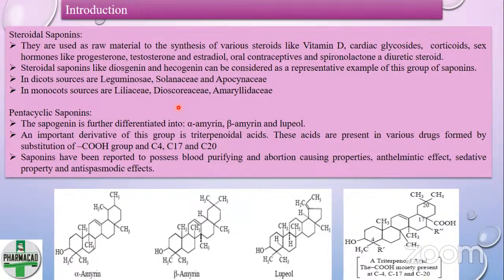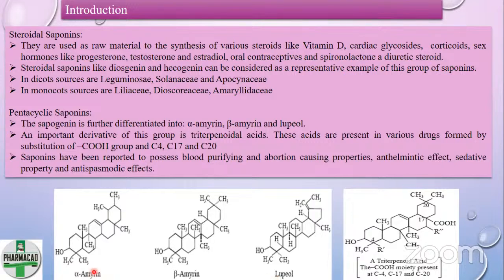Whereas pentacyclic ones are further differentiated into three classes, like you can see here: alpha amyrin, beta amyrin, and the lupeol class. Again, the structures are a bit complex, I agree, so you will have to practice them.